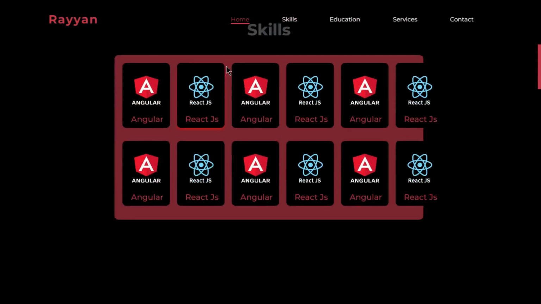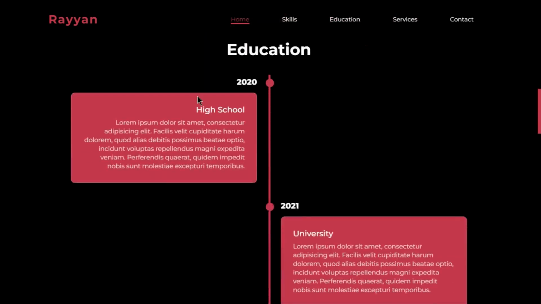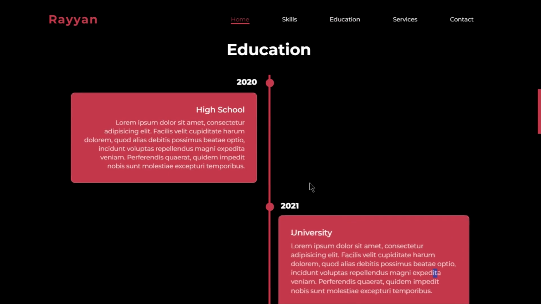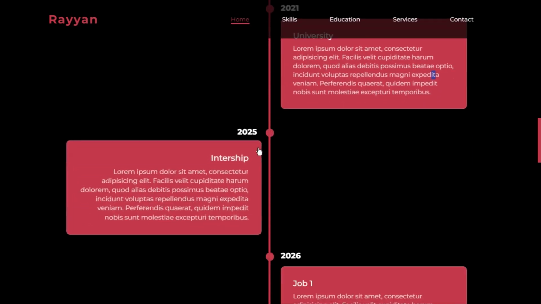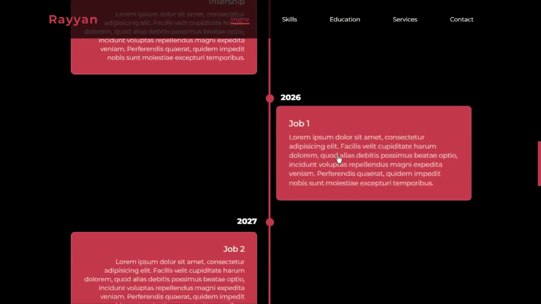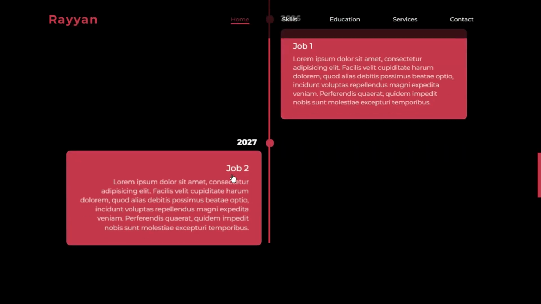When you click on the skills, you come to the skills. Here you can see it. When you hover over it, it looks like that. And then education, high school, university, then 2025 internship, 2026 job 1, then 2027 job 2.